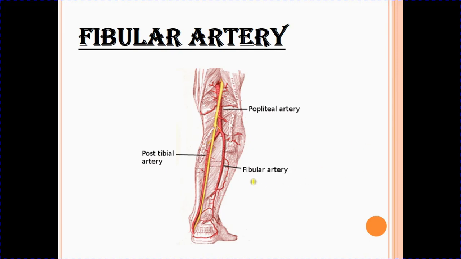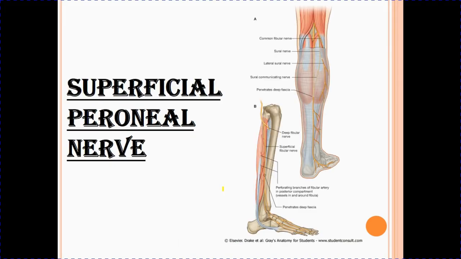This is fibular artery. Fibular artery is actually a branch of the popliteal artery. The fibular artery gives off branches which supply the lateral compartment of the leg. You can see in the figure, the branches of fibular artery supply the lateral compartment of the leg. The nerve of this compartment is the superficial peroneal nerve.